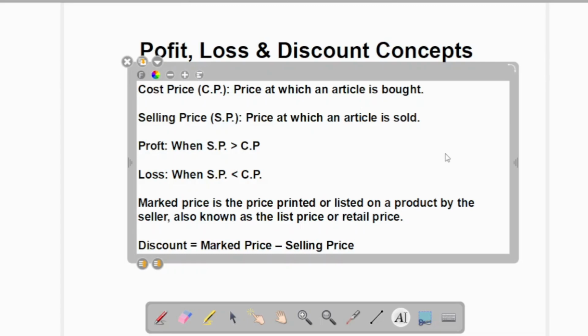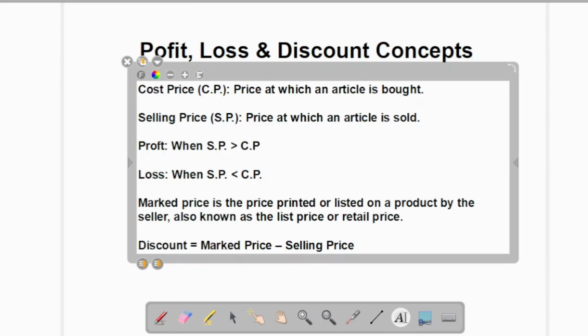The marked price is the price printed or listed on the product, and it is also known as the list price or the retail price. Whenever the shopkeeper gives you a discount, that discount is on the marked price. So to calculate the discount, you need to calculate marked price minus selling price.